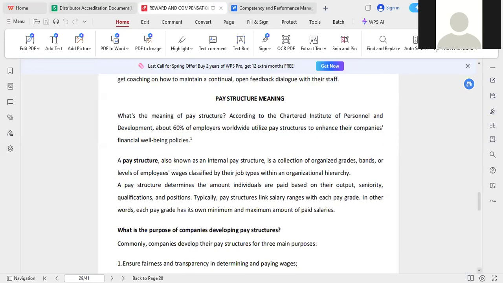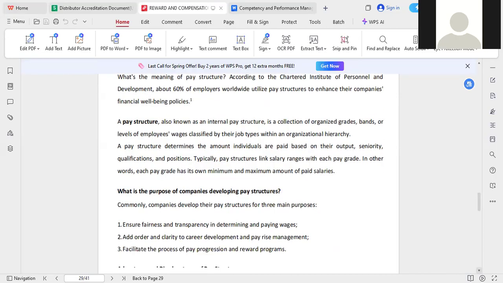A pay structure determines the amount individuals are to be paid based on their output, seniority or levels, qualification, and positions. Typically, pay structures like salary ranges are within pay grades. In other words, each pay grade has its own minimum and maximum amount of paid salaries.